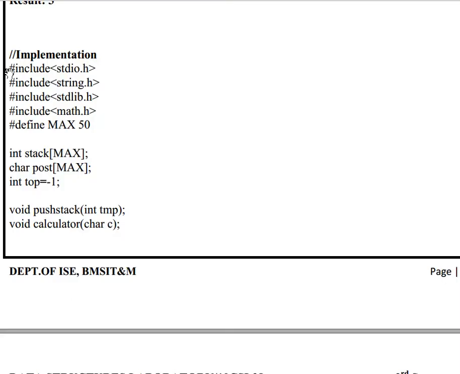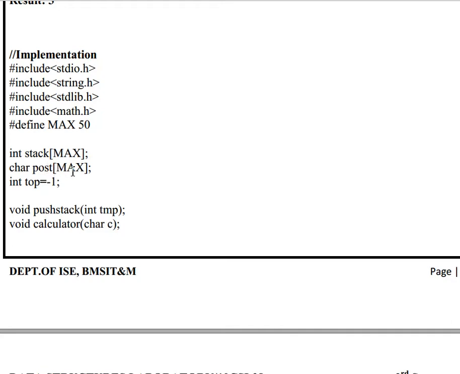Now consider the implementation. Here we need to have a stack, which is going to hold the integer operands as the question specifies, and we have one more array, which is going to hold the postfix expression.